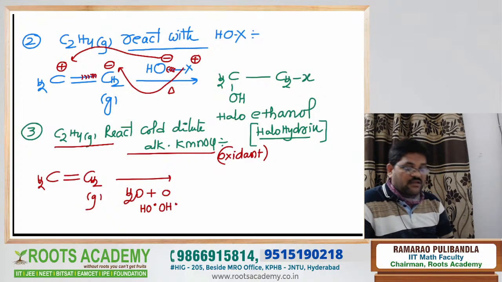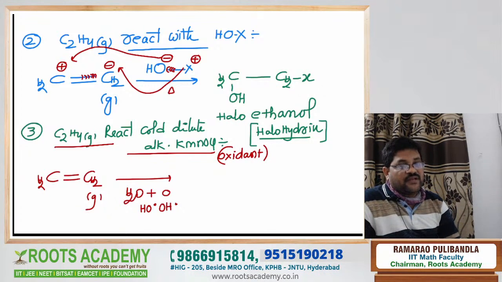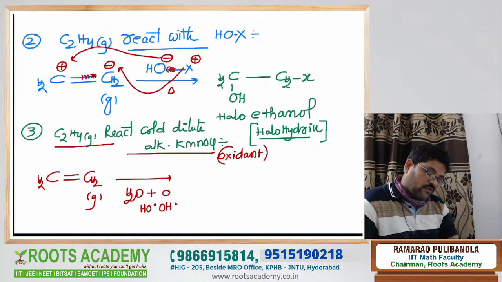H2O2, how do you write it? H2O2 is very unstable. Easy explanation: dilute means H2O. KMnO4 is the oxidizing agent, gives nascent oxygen. H2O2 means what do you write? OH dot, OH dot. Now, in the ethene, the pi bond breaks down. One OH dot attacks here, and one OH dot attacks here.